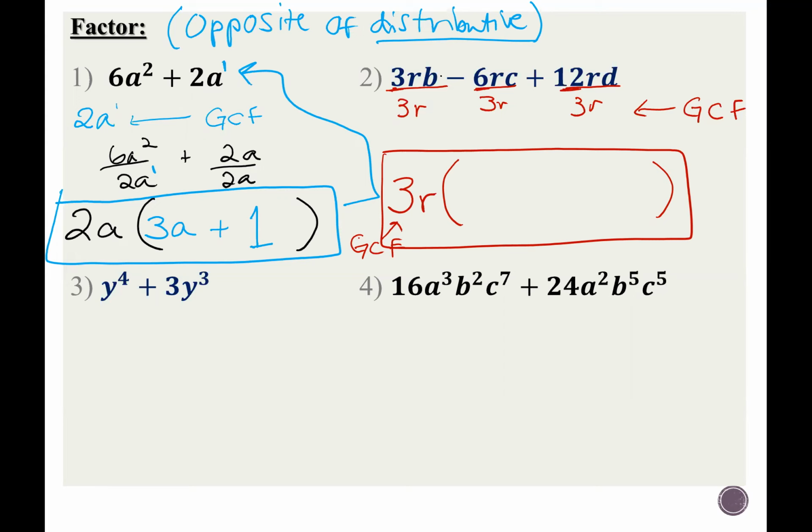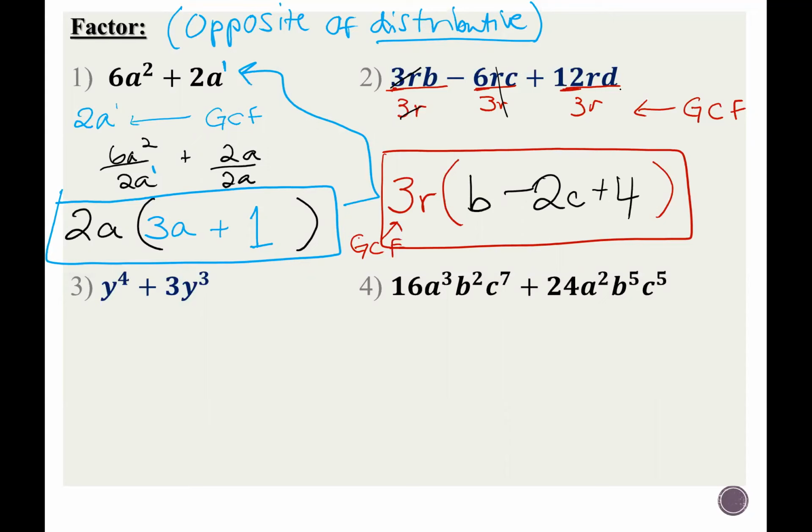So 3RB divided by 3R, those essentially cancel. I'm left with just B minus 6RC divided by 3R. 6 divided by 3 is 2. The R's cancel out, and then we still have that letter C. Plus 12RD divided by 3R. 12 divided by 3 is 4.